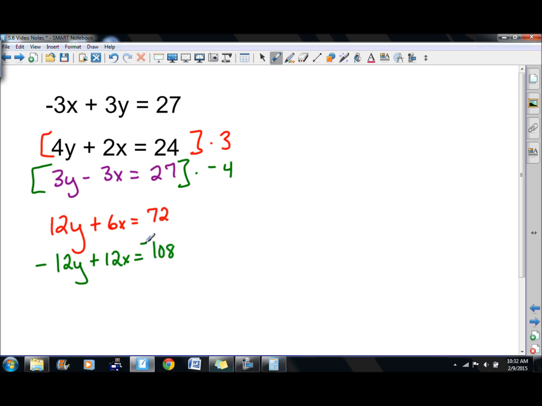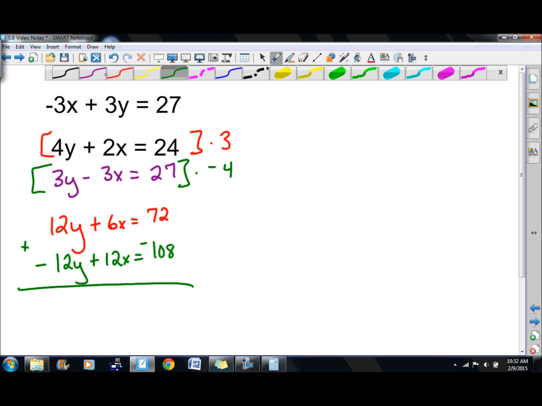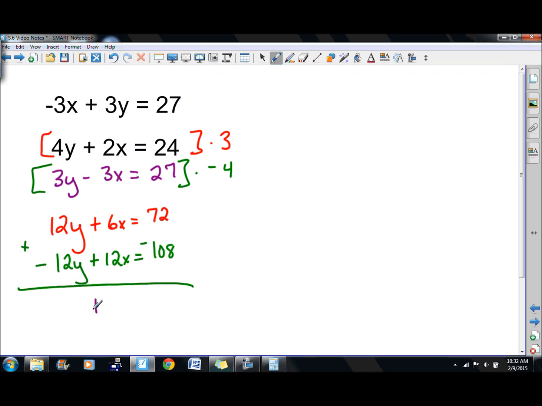So then I add the two equations together, and I end up getting 0y plus 18x is equal to negative 36. So then I have to divide by 18, and I get x is equal to negative 2.